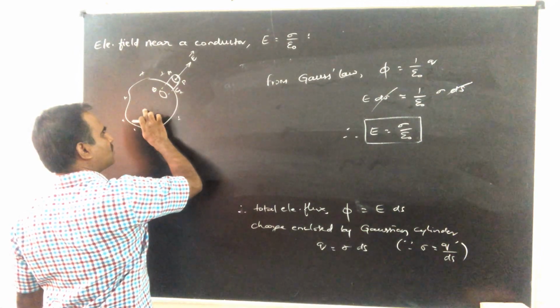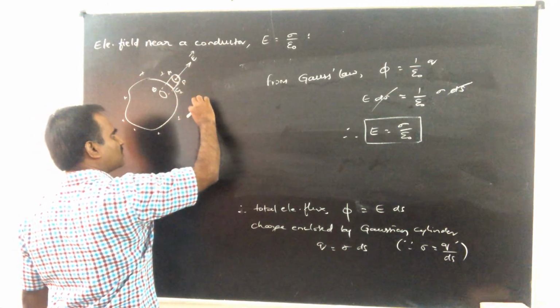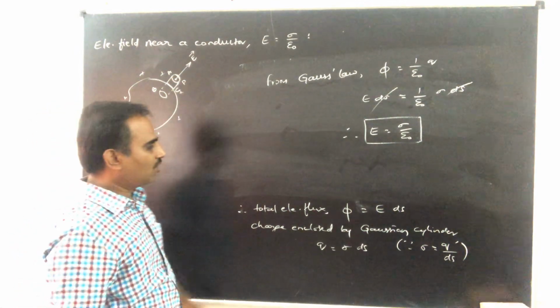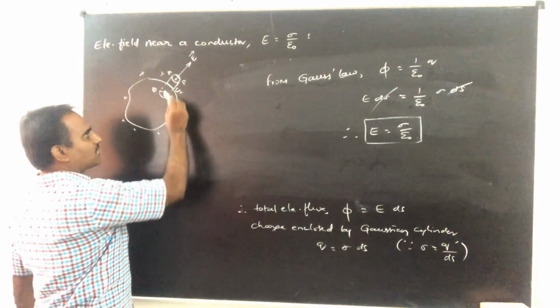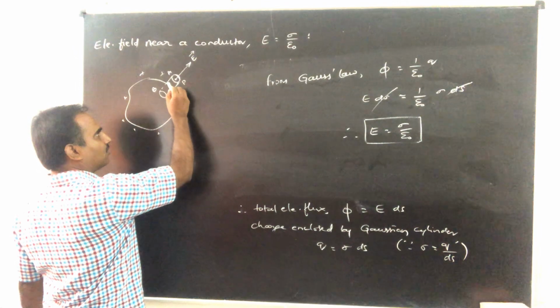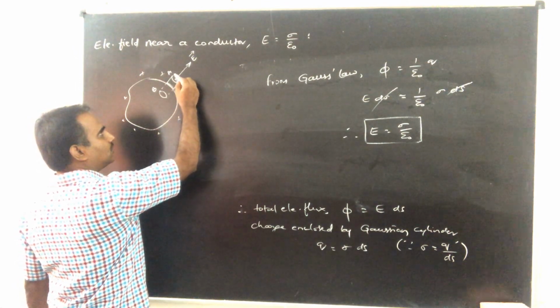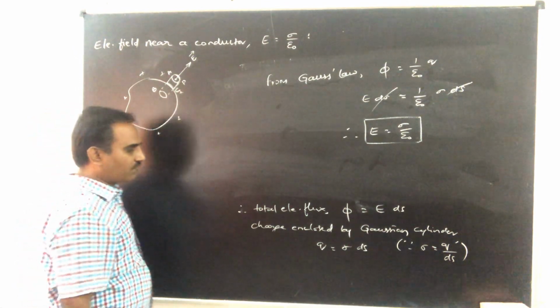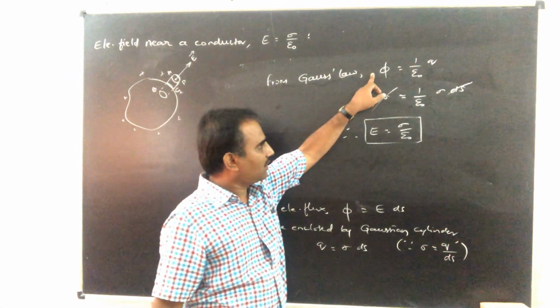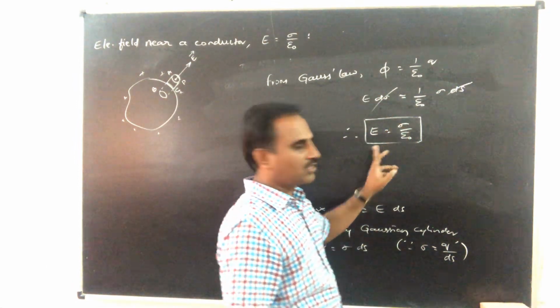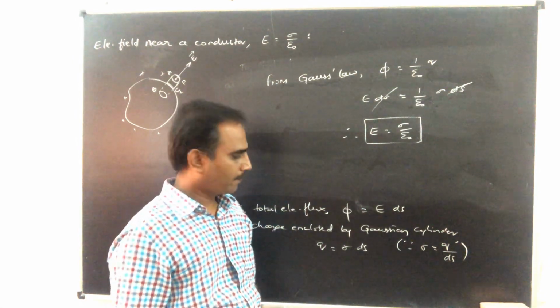Flux through the other end face is 0, flux through the curved surface is 0. Therefore, total flux is this much. If sigma is the surface charge density in this region, then the total charge enclosed by the Gaussian surface will become sigma ds. So from Gauss law, on comparison of these two, you will get this particular equation.